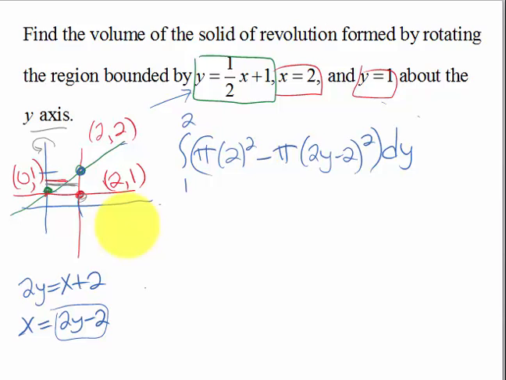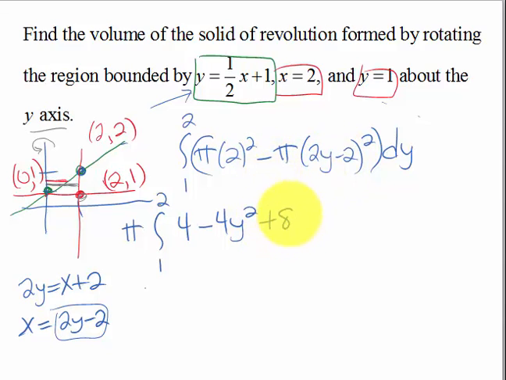So as we work this integral, we'll factor the pi out in front. We're integrating from 1 to 2, and this is going to be 4. When we multiply this out, this negative will apply to each term. So that's going to be minus 4y squared, and there's minus 4y twice, so minus 8y, but this negative distributed to it will make it a plus 8y. And last times last will be 4.